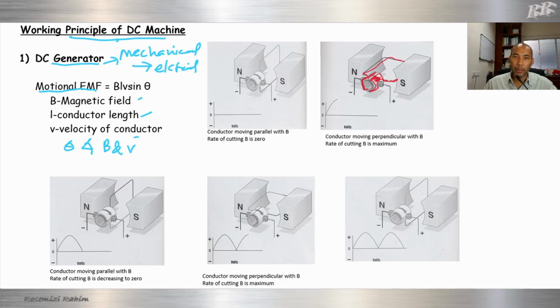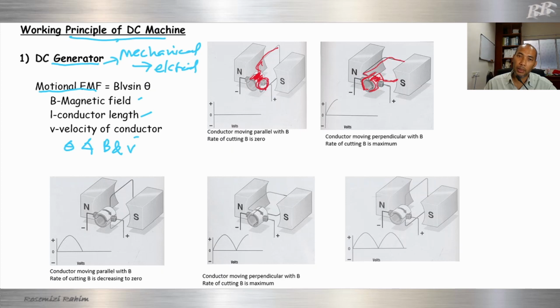Also we can see this is what we call the brush. You can see that this brush connects to the rotating part. This coil and commutator will rotate together.